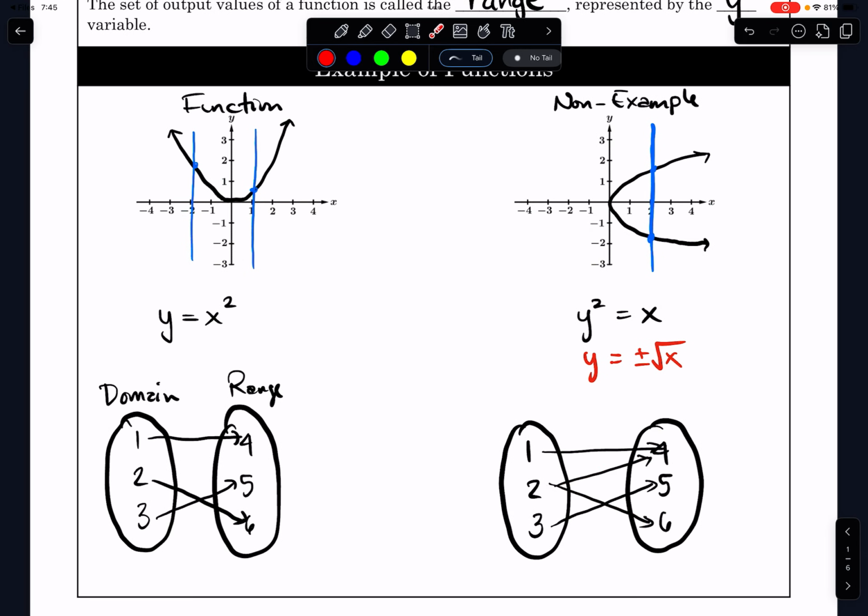So this is an example of a relation that is not a function, because 2 has two output values. 2 is repeating in the domain, the x variable, and has two y values. So in other words, it's repeating. So this is the difference between a relation that can be classified as a function and something that is not a function.